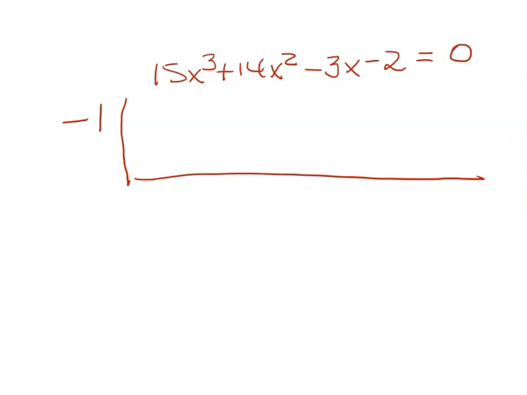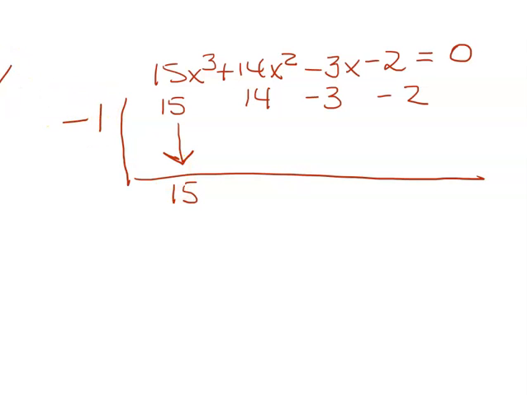Gives us practice at doing it again. So here, we're going to take the coefficient 15. Here we're going to take the coefficient 14, minus 3, minus 2. We're bringing this down as a straight 15.